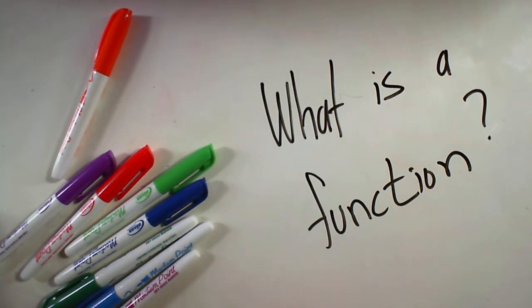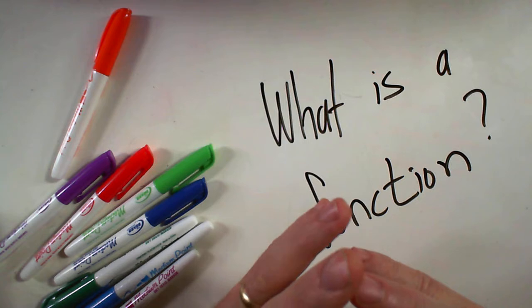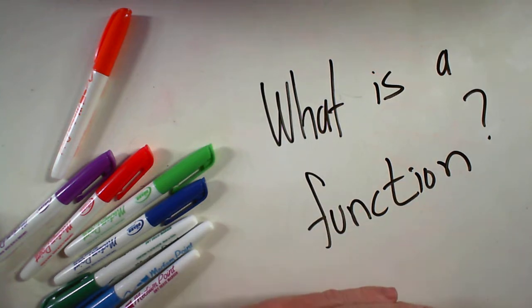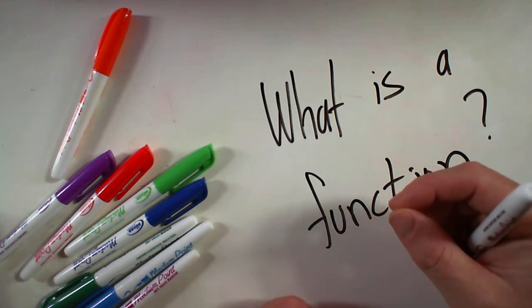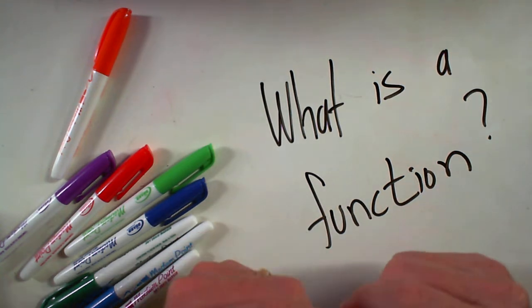Most of Math 171 is about functions. And the first question asked is, what is a function? Well, a function is a unique relationship where for every input, there is exactly one output. So for every value that you put into the function, you get one value out of the function.